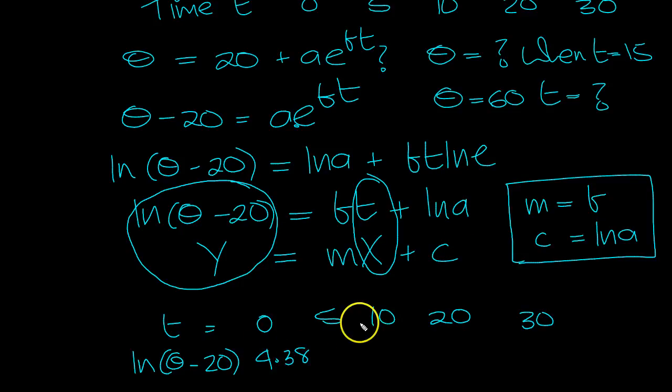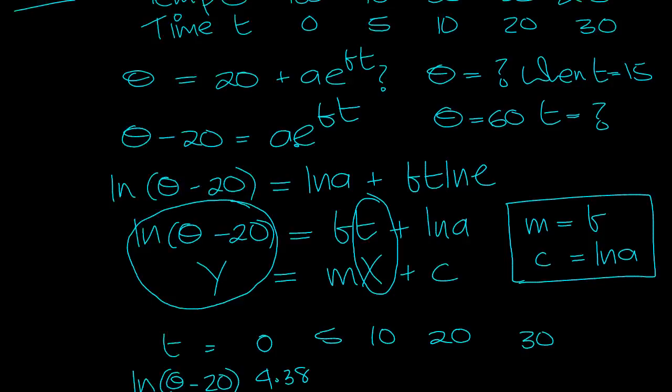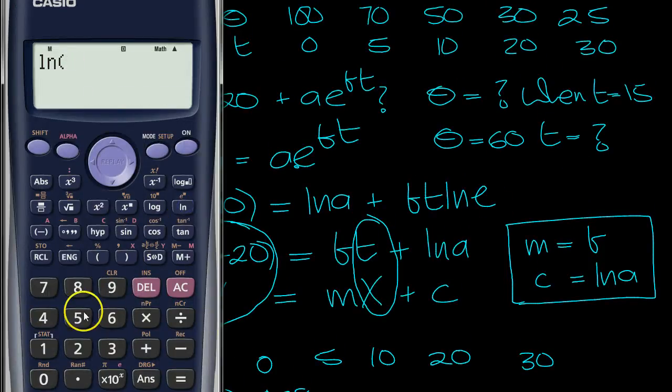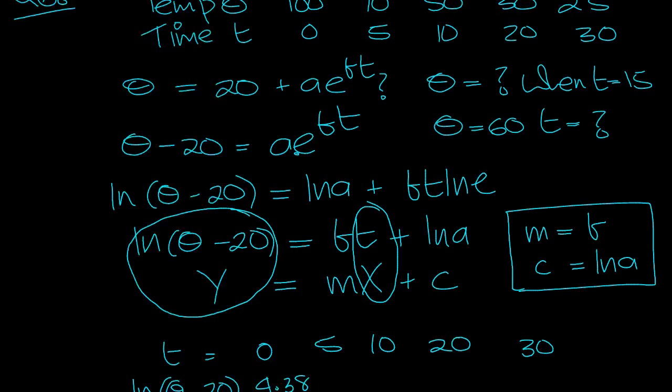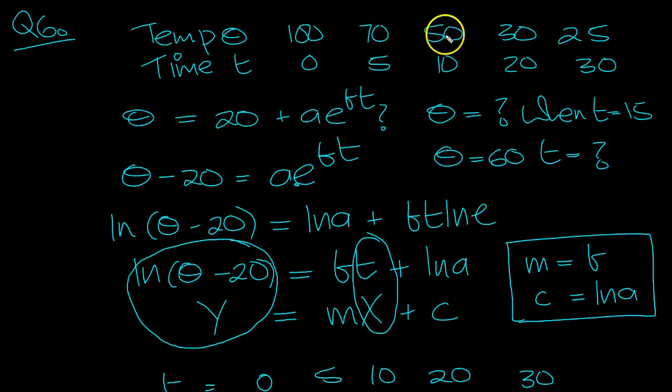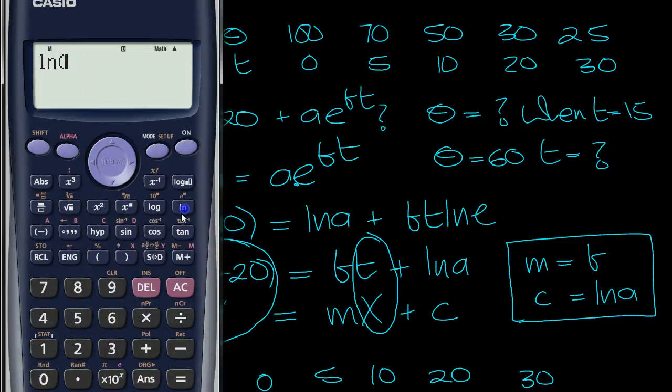And then the next one. When it's 5, theta is 70, 70 minus 20 is 50, ln 50, 3.91. At 10, theta is 50. 50 minus 20 is 30, ln 30, 3.40.